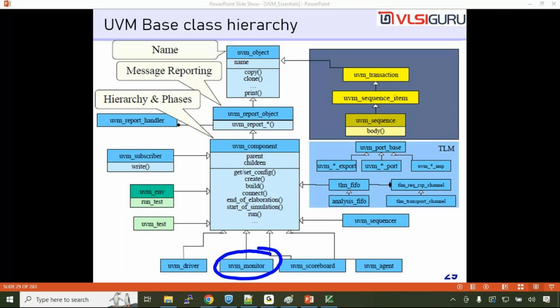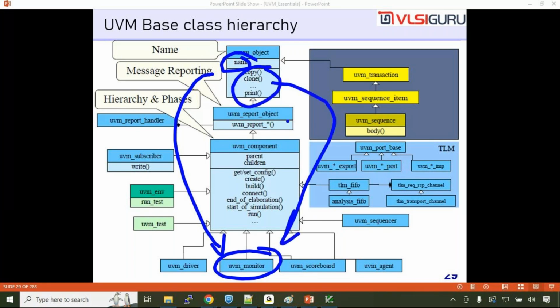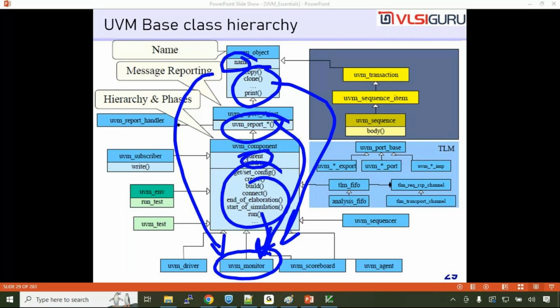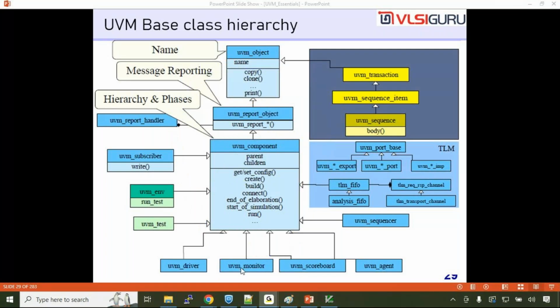The use is inheritance. Because of inheritance, all of them are part of the UVM monitor. Now tell me, what properties are there in UVM monitor?